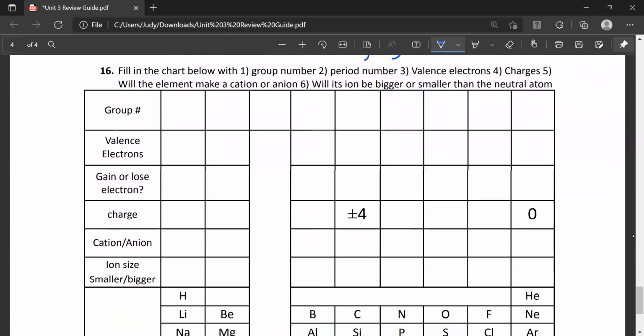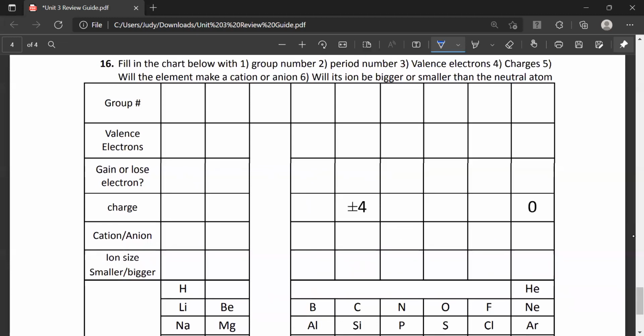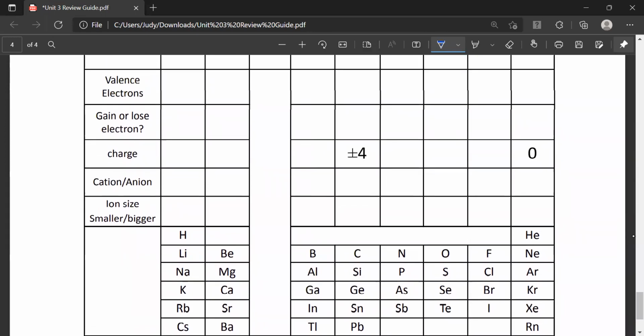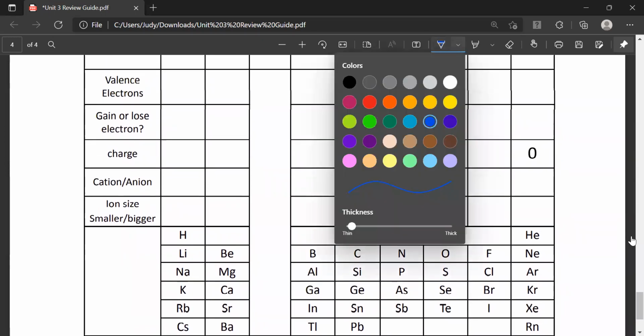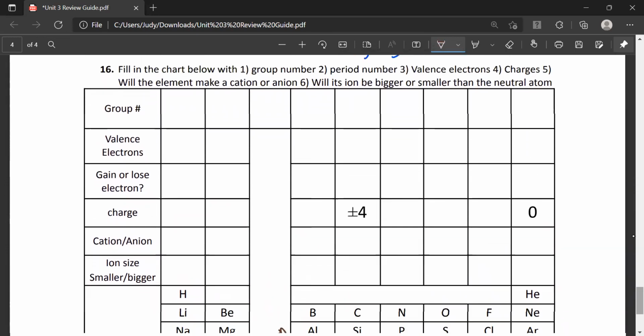Now we're almost done. The last part is labeling the following information. Right now we have a periodic table written on the bottom. One thing I'm going to label on the bottom is the transition metals. I know it's not mentioned here, but that's where the transition metals are located.